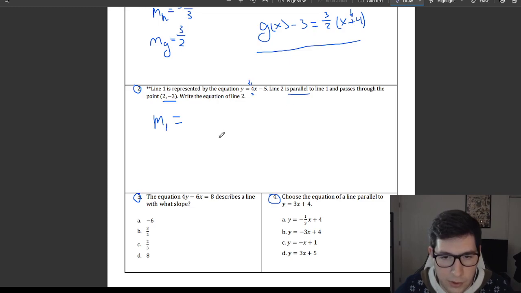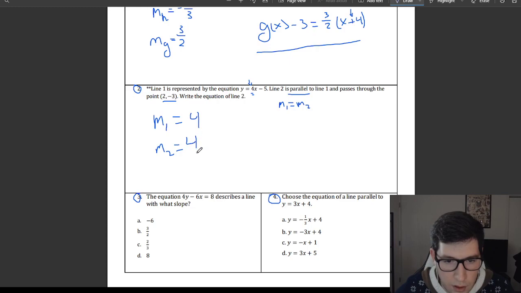Because this is lovely value here. And I remember that when I have something that's parallel, I know that slope 1 is going to be the same exact thing. It's going to be equal to slope 2, which means that the slope of line 2 is also 4. Fantastic. Makes this super easy, because then I'm just going to take my point and my slope and go ahead and write this out.